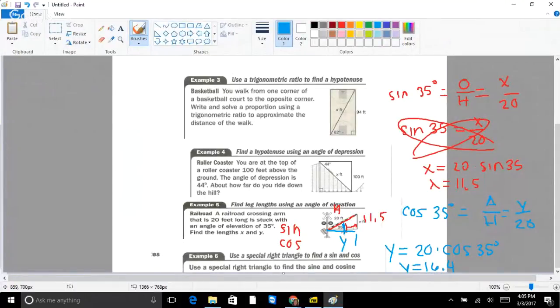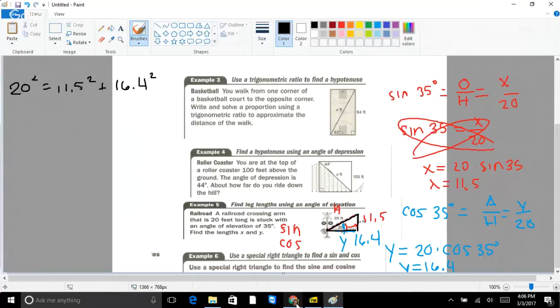Now, if we really want to be geometry nerdy, what we can do is we can check the Pythagorean theorem and make sure it works out. So remember, the Pythagorean theorem says that x squared plus y squared should equal the hypotenuse squared. It actually was a squared plus b squared equals c squared. But so if Pythagorean holds true, 20 squared should equal 11.5 squared plus 16.4 squared.